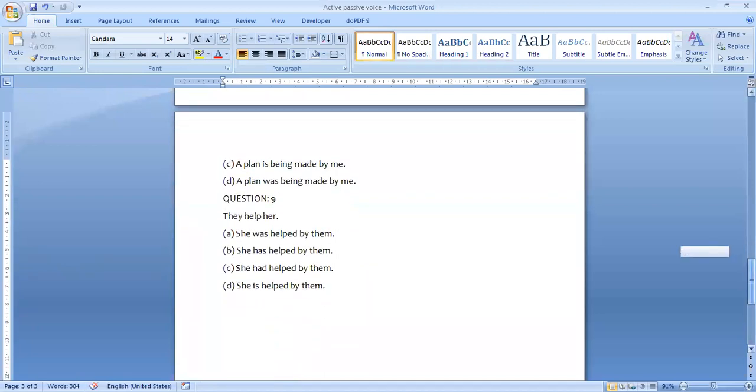Okay. And last one, they helped her. Yes, correct. D option is correct. She is helped by them. Okay, I hope now everyone has an idea how to solve questions based on active passive voice.